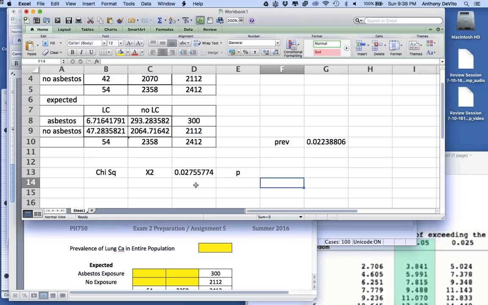If we want, we can calculate chi-square using another function, CHIINV, where we put in the probability, comma, the degrees of freedom, which is 1, enter, and our chi-square value is 4.85. So we have some help from Excel in doing this particular problem. Let me ask you this: if I have a chi-square value of 4.85 with 1 degree of freedom, can I reject the null hypothesis that there's no association between asbestos exposure and lung cancer?